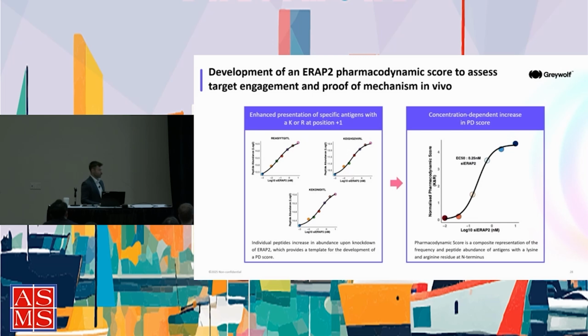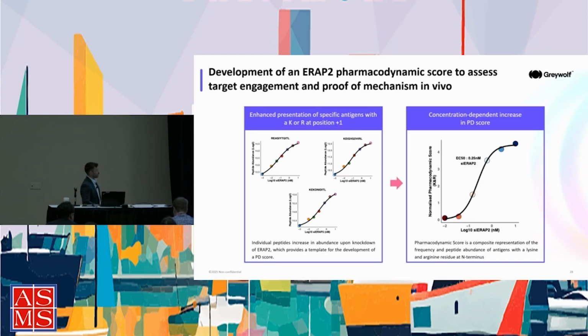So you can bootstrap various expectations from the data and ask the question, how likely should it be under random circumstances for lysine and arginine peptides to exist at P1? And then you can start to ask, how much do you deviate from that expectation? And what I've shown here is just the increase in abundance of particular peptides on the left-hand side.